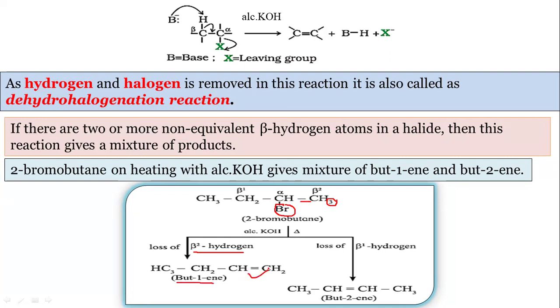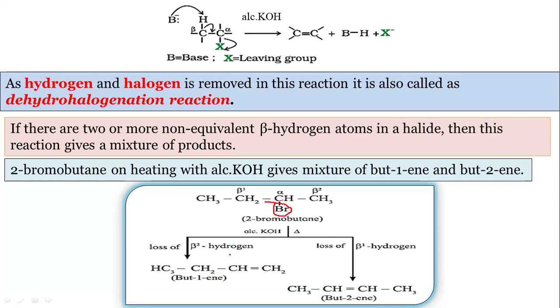And in the second condition, beta-1 hydrogen is removed, meaning out of these 2 hydrogens, if 1 hydrogen and the bromine are removed, we get a double bond here. We get but-2-ene. So we get 2 products here, but-1-ene and but-2-ene.